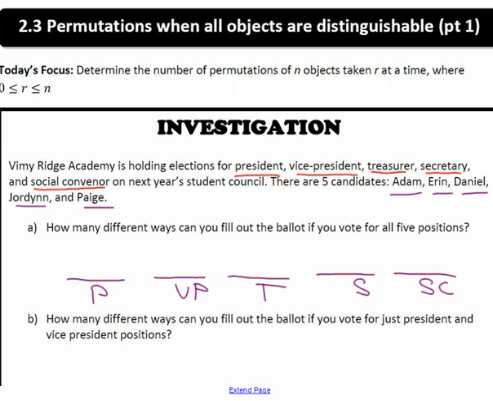Now, how good is your imagination? Can you imagine being in this school and getting this ballot? And it's a blank piece of paper with these 5 blanks on here. And you get to vote. You get to put whatever person you want in each of these positions. All right.